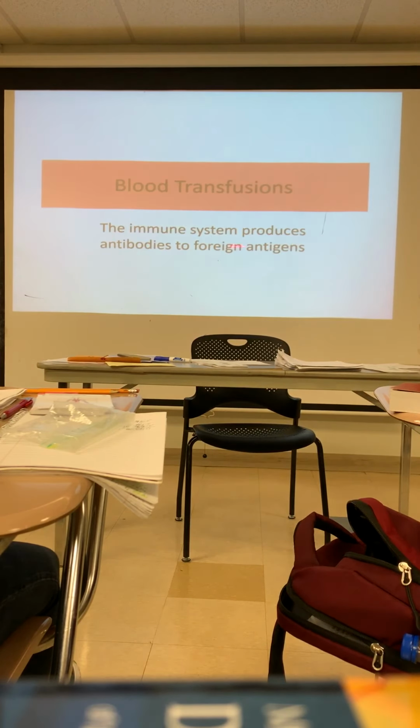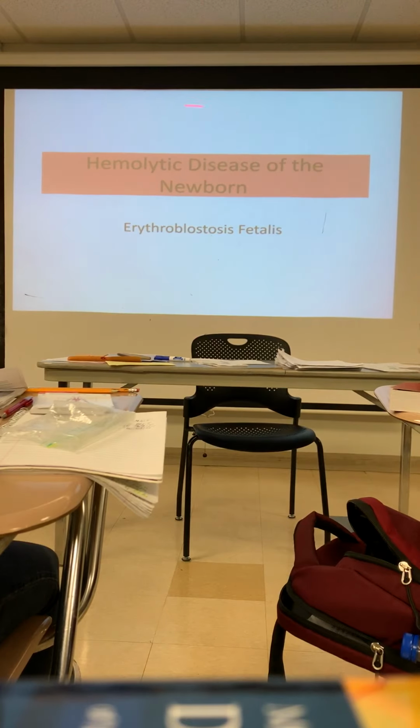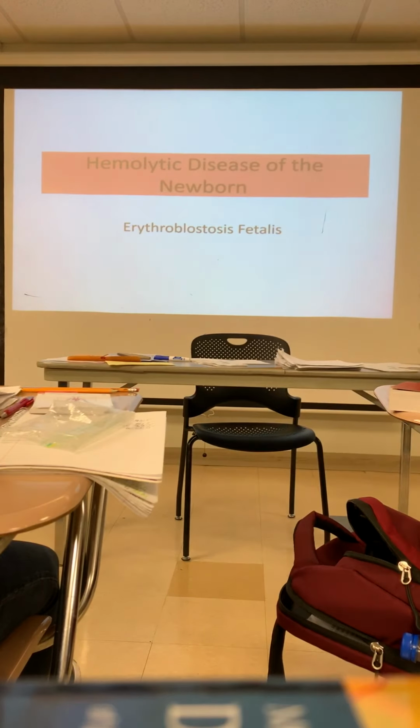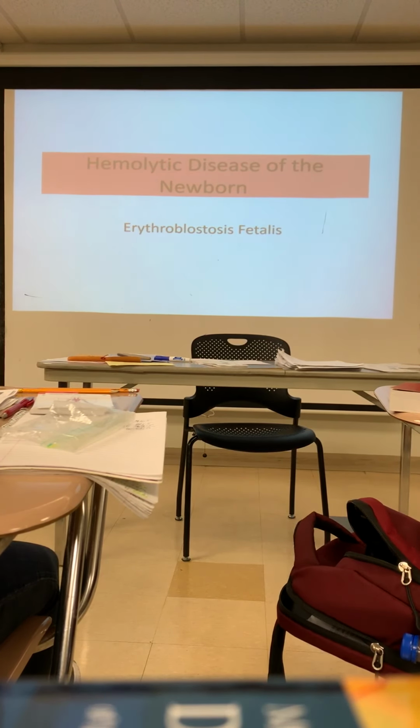Okay, blood transfusion. Immune cells produce antibodies. So, hemolytic disease of the newborn. Have you heard about this? Okay, this is about RH negative and RH positive. When you are RH negative, whether it is AB or any type, as long as you're negative, you have to take note if you're positive or negative.